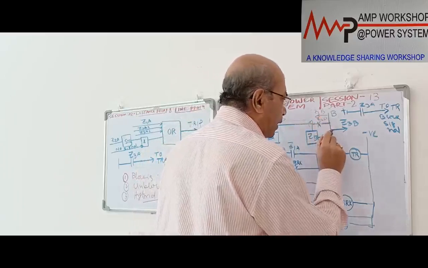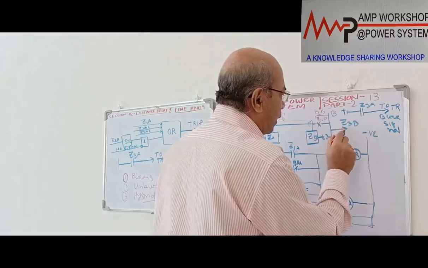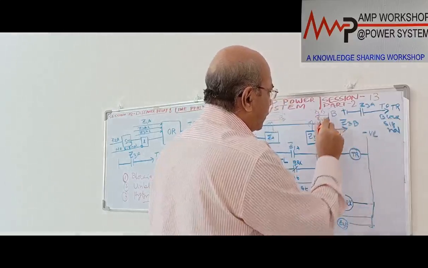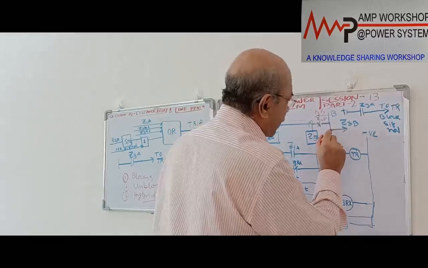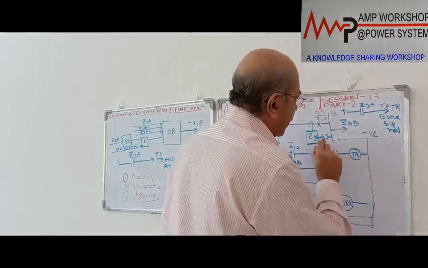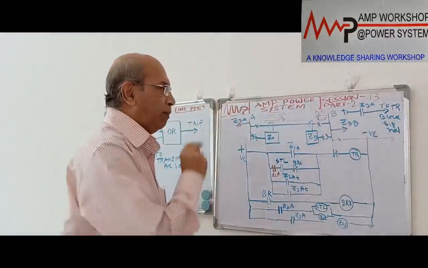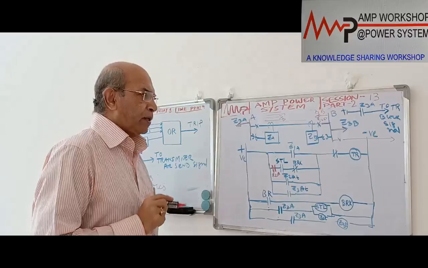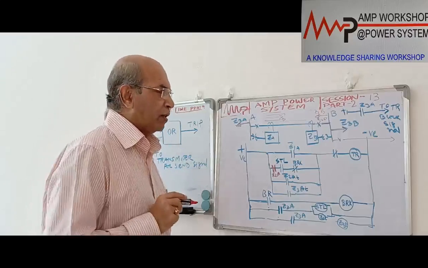But Z3B, the third zone element of this relay, will be looking backward of this line, that means towards the other line. Suppose there is another line here; in this direction this relay will be looking. That is the first difference. Why it is done like this, we can discuss afterwards.